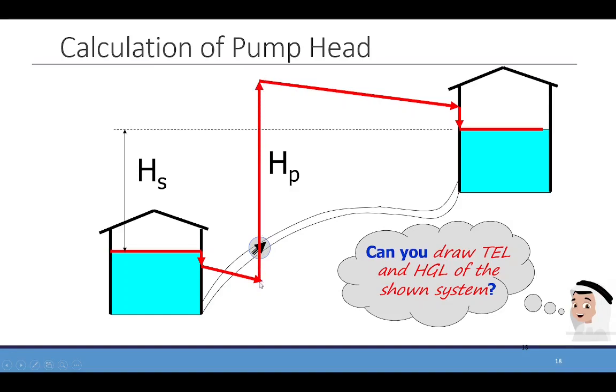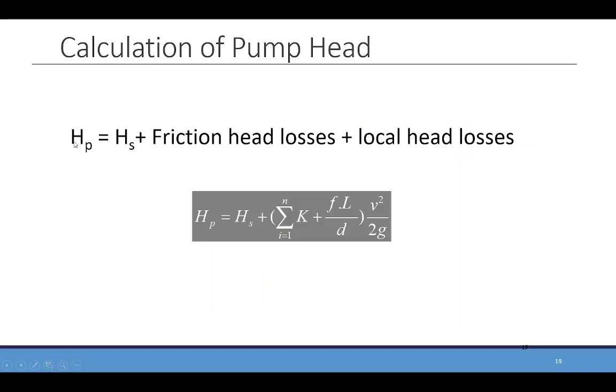The vertical difference from the lower to the higher is called the head of the pump. This head of the pump is equal to H static plus the friction losses plus the local losses. So now I could say that H pump equals static head plus the friction head losses plus the local head losses.